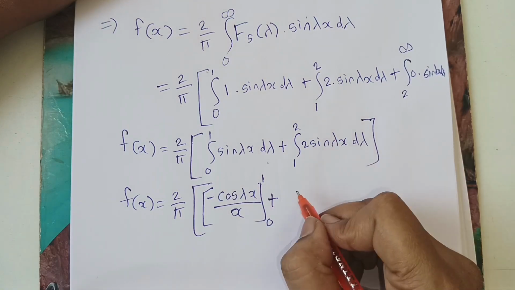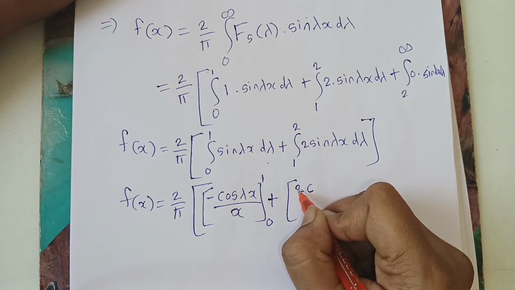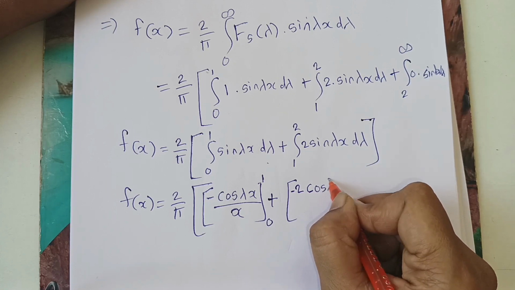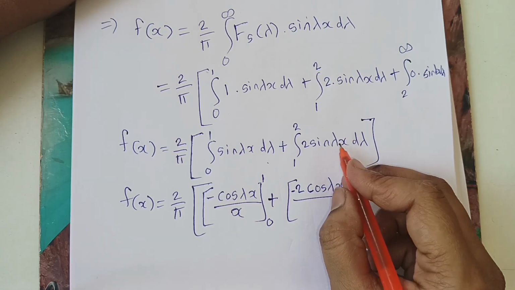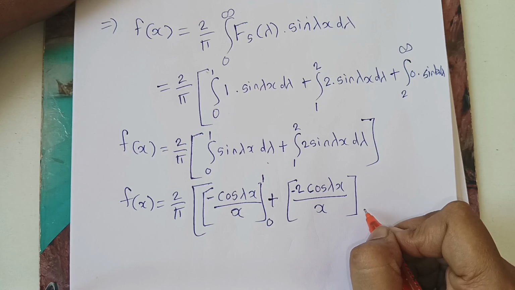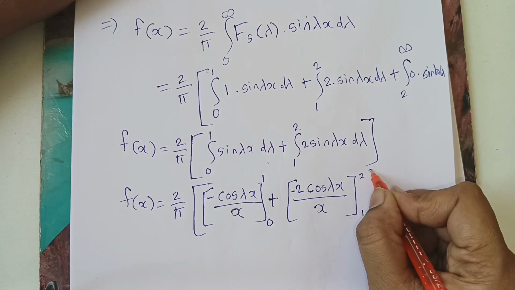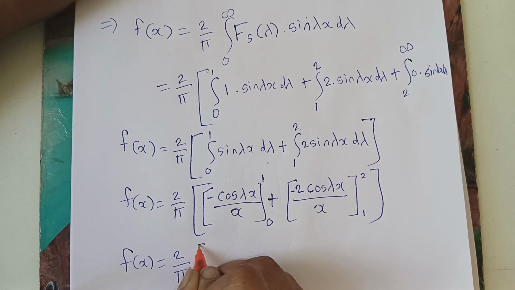Plus the second integration, it is minus 2 times cos lambda x, again the integration of sine is minus cos, divided by x, with range of integration 1 to 2. So f of x is equal to 2 by pi. Now substitute the limits for lambda.